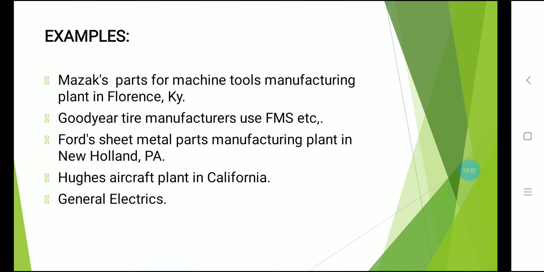Next is Ford's sheet metal parts manufacturing plant in New Holland. Next, the Hughes aircraft plant in California. Next is General Electric, also producing with the flexible manufacturing system. These examples are flexible manufacturing systems.